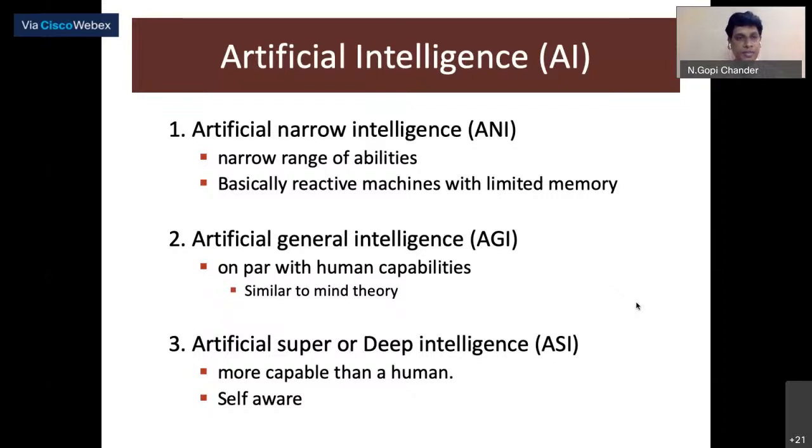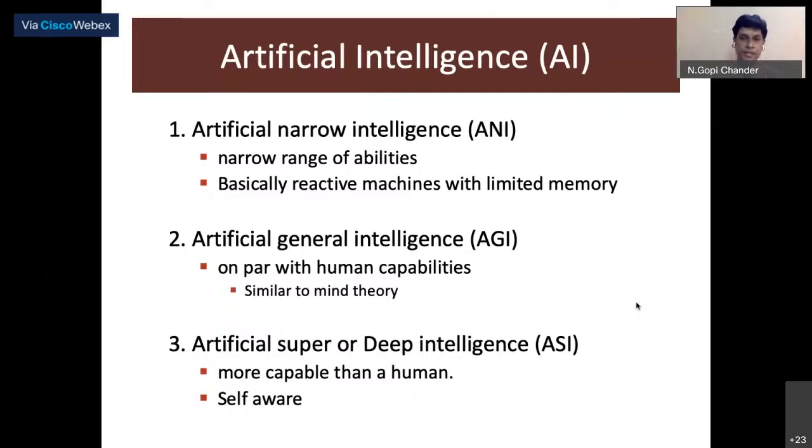Basically, it's reactive machines with limited memories. Generalized intelligence is going to be as good as you. That's AGI. The third one is supercomputers or super deep intelligence. It's going to have more supreme characteristics than you. Whatever humans have, it's going to have at least 10 or 15 times that, depending upon the programming and the hardware or software that has been incorporated with the machines. So these are the three basic ways it has been classified in terms of artificial intelligence.